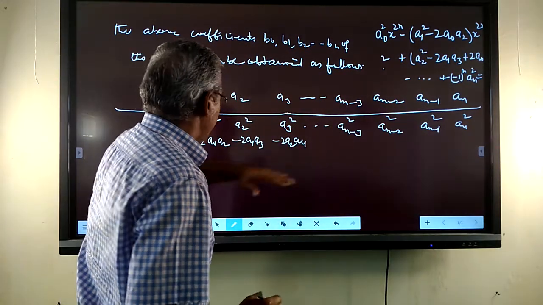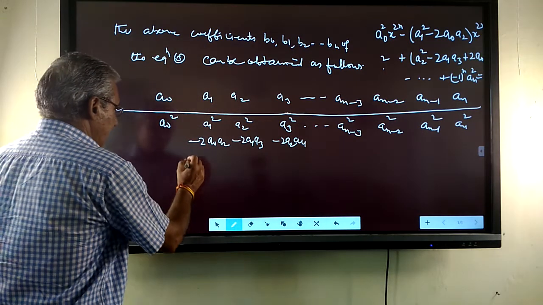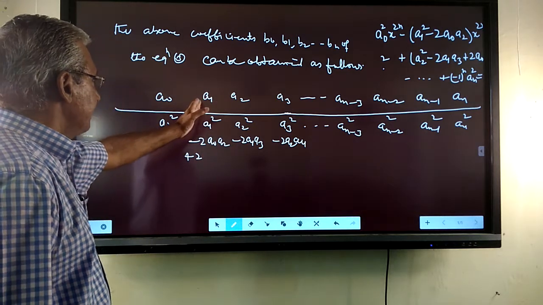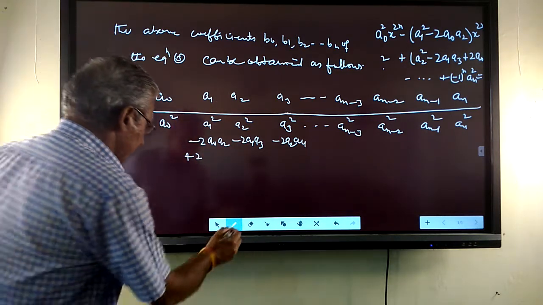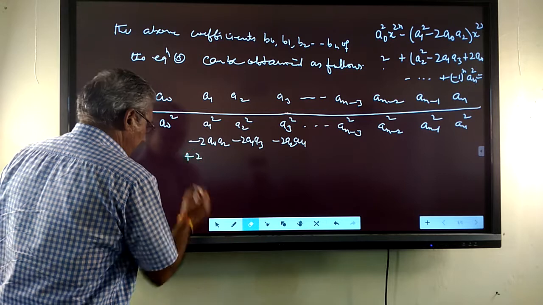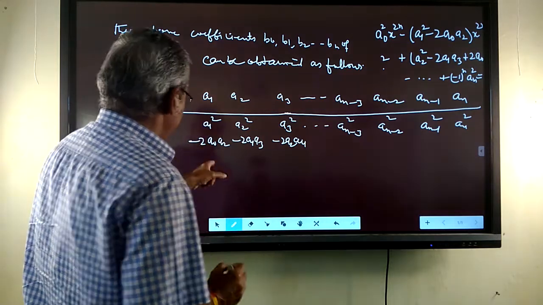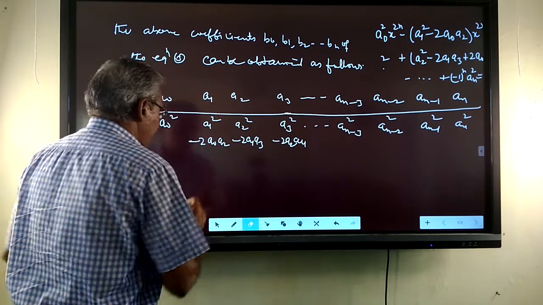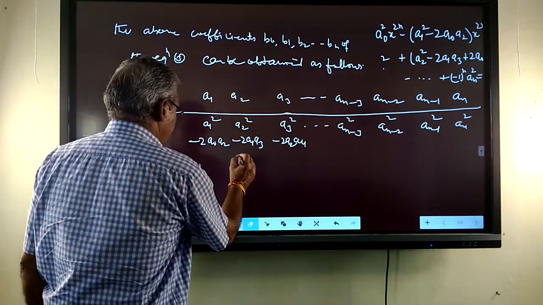In the third row, we start with a positive sign and take the next neighborhood. Therefore, for a1 there is no element here. This is plus 2.